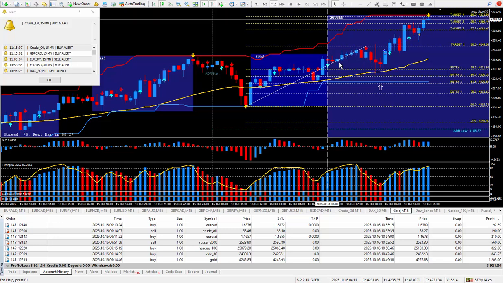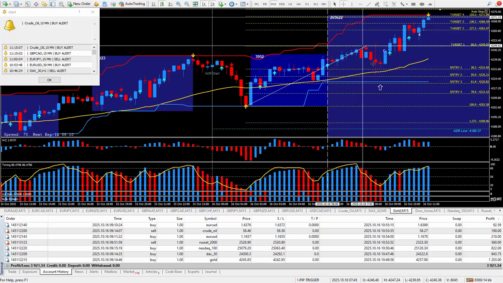In other words, as you're looking at it, you'll be looking for the pullback. And a lot of new traders, they don't wait for the pullback. They just get in, and then say you buy here, then you got a drawdown of about, let's see, gold. That's over 200 ticks there.